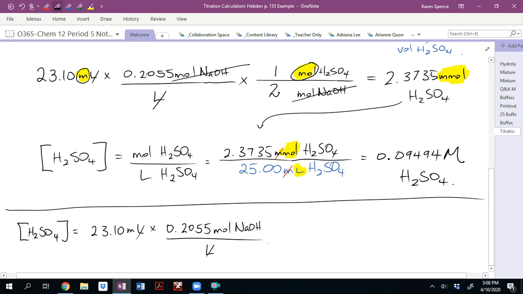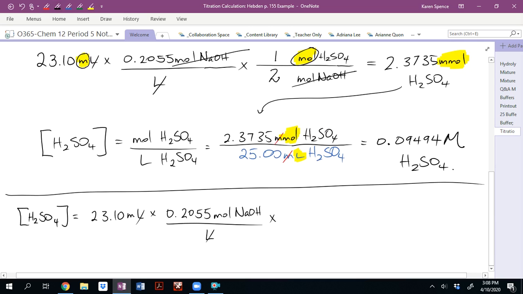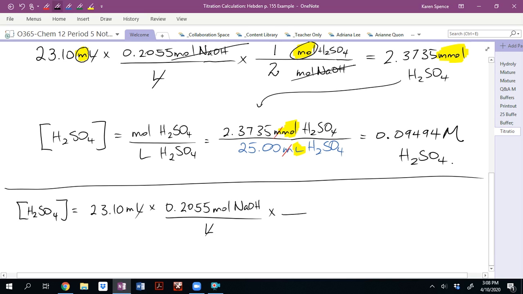Liters cancel out. Times, now we're going to use our mole ratio from the balanced equation, 1 mole of H2SO4 per 2 moles of NaOH. Moles of NaOH cancel out.